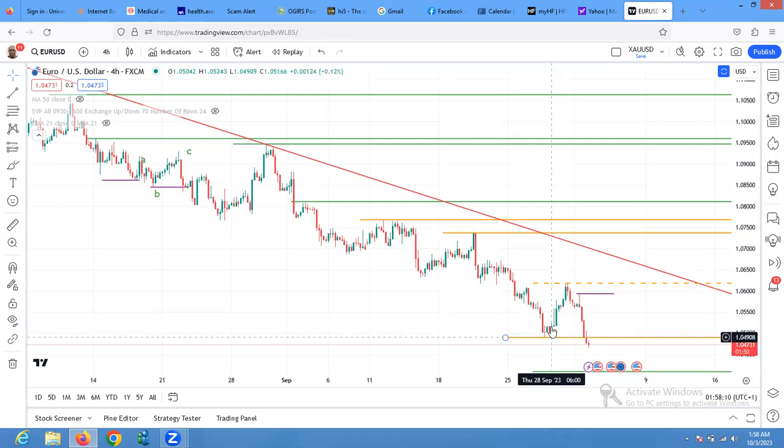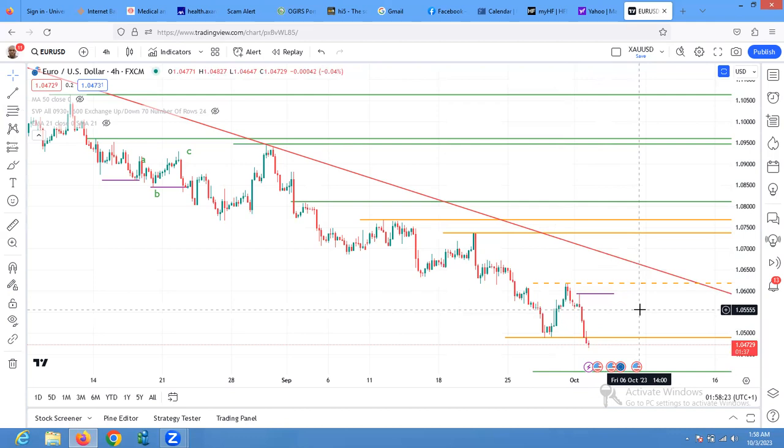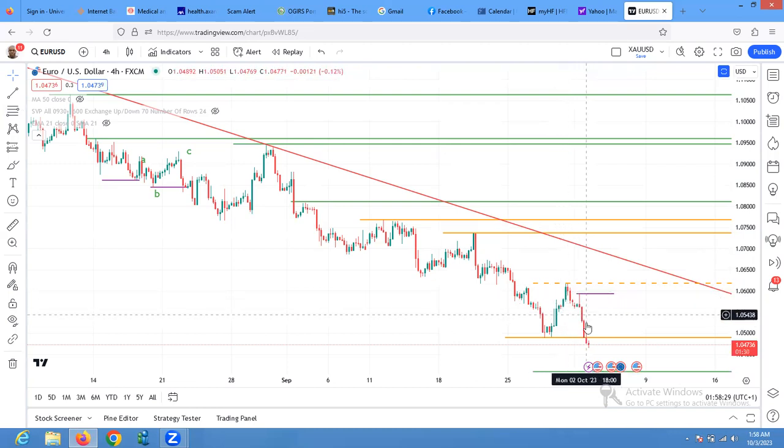So this may just be a 1 here, A, B, C, and this as a 3-wave pattern, 1, 2, 3. It's funny looking though, but we have to deal with it. At the same time, it can end up being a very big correction here.